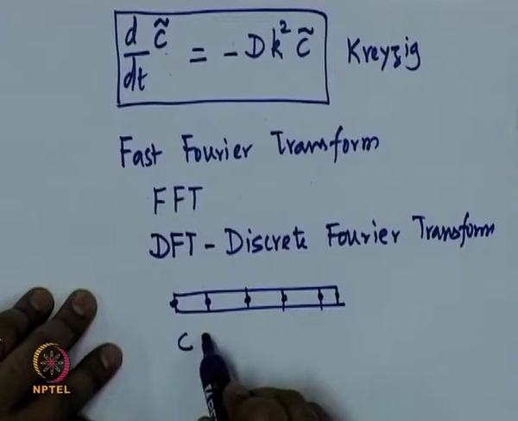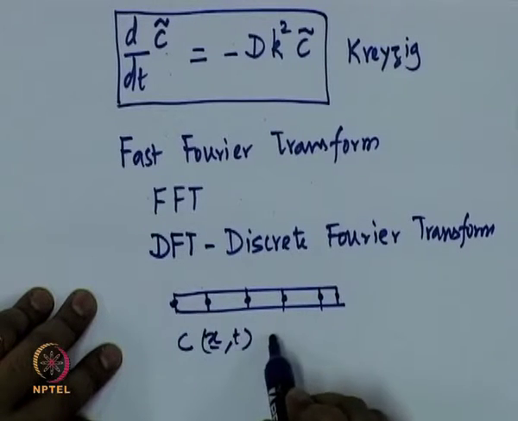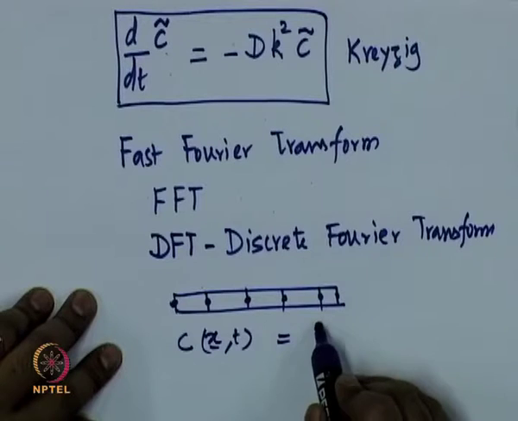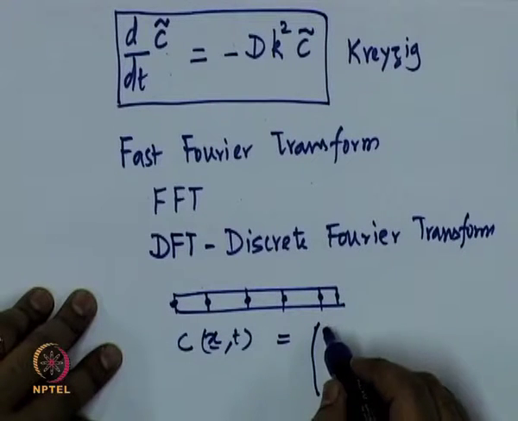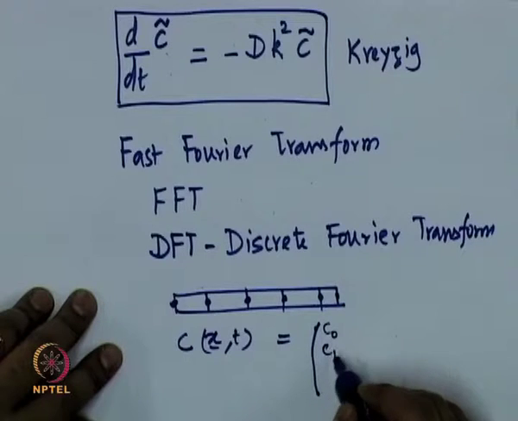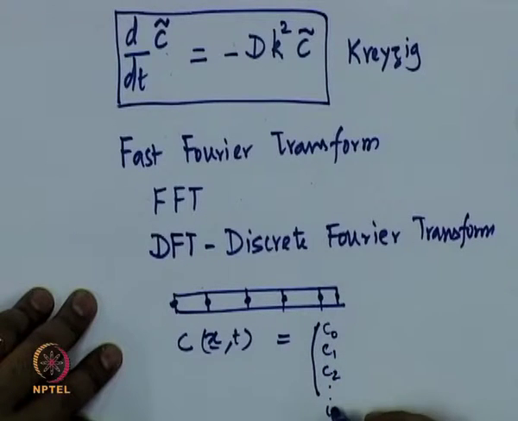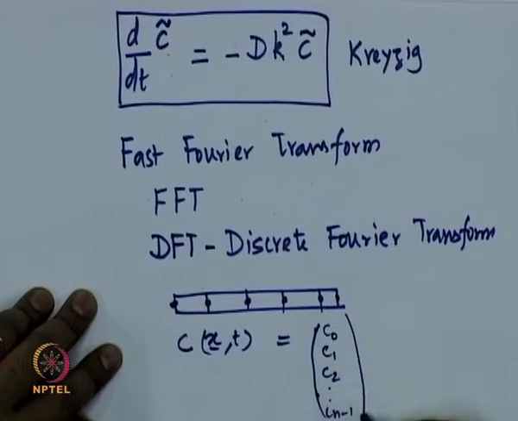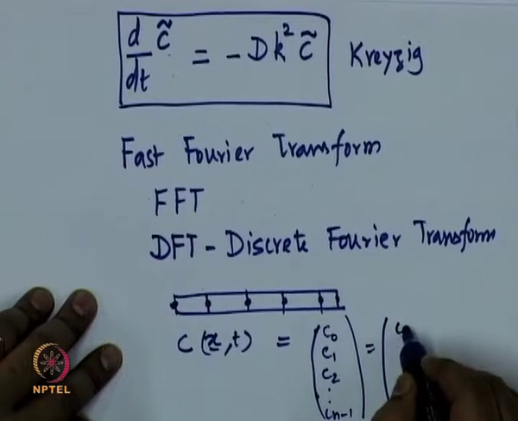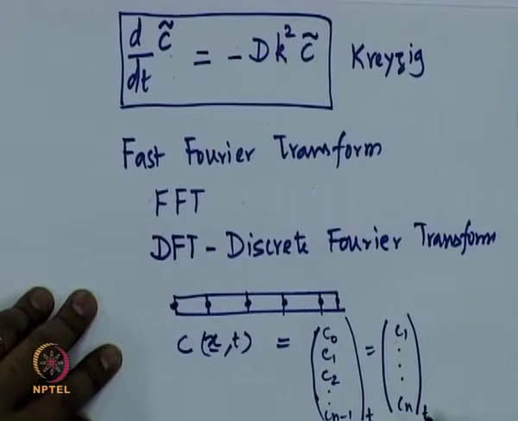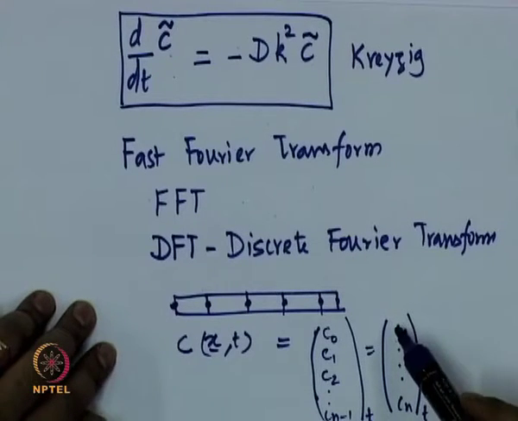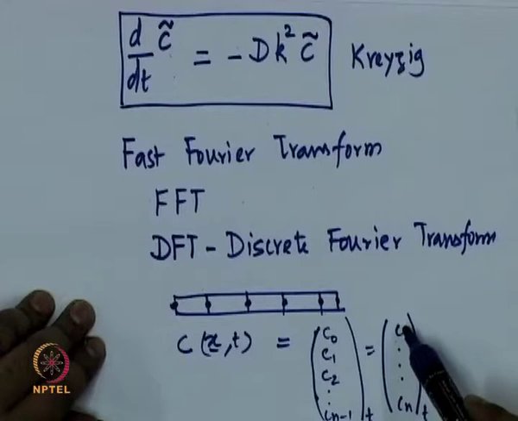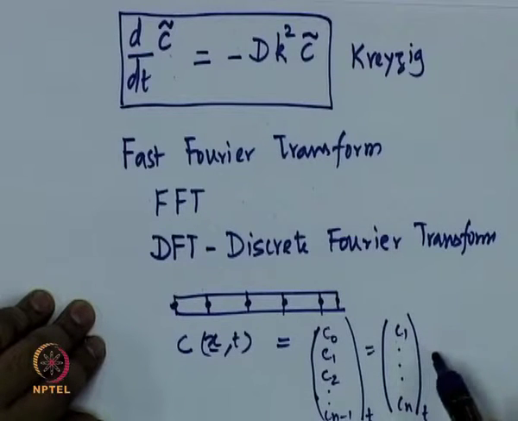So C(x,t) is nothing but a vector C, right, at any given time t. It will give me C at the 0th position, C at position 1, C at position 2, etcetera, up to C at position n minus 1, or we sometimes write it as C 1 etcetera up to C n at time t, right. So this is a set of discrete values, and you can do a Fourier transform on that, and you can get a set of discrete numbers in the Fourier space.